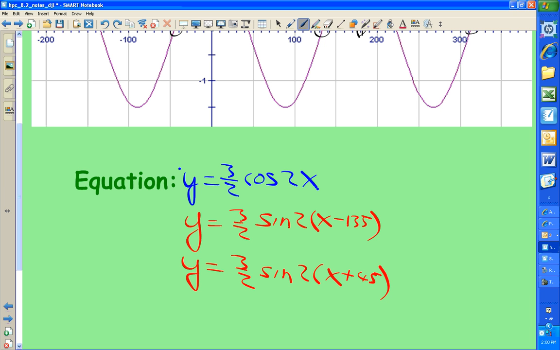Either of those functions in red would be an acceptable sine function. And the blue one, cosine, if you graph all 3 of those, you would see all 3 of them give you the same exact graph. Same exact points. Infinite ways we could write this.